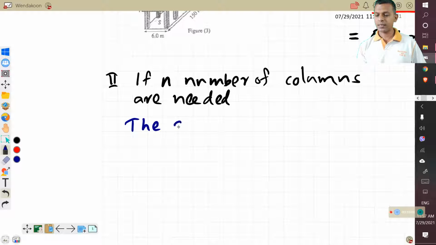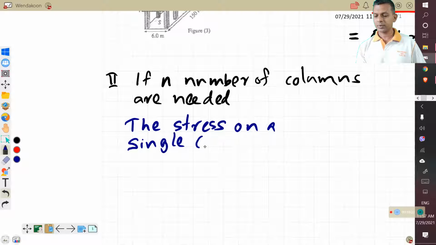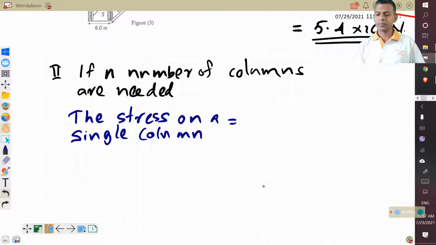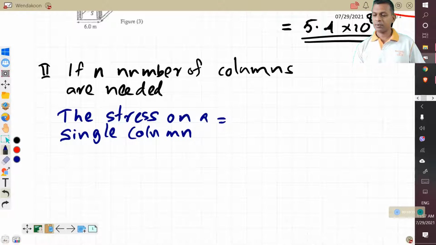The stress on a single column is the weight divided by area. Weight of the soil has been found as 5.4 into 10 to the power 8.